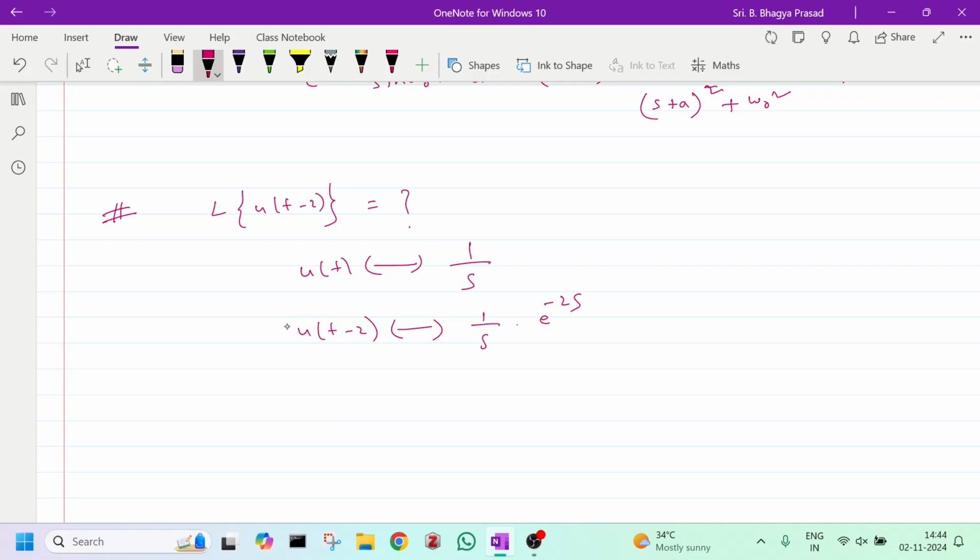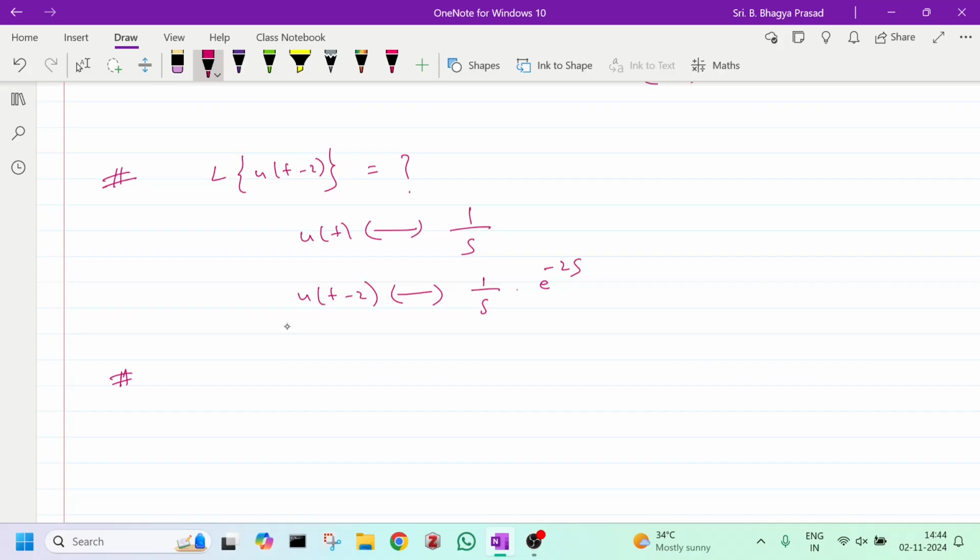So let me discuss another problem. If you want to apply a few more properties, you can go for the convolution or a combination of different properties. So let us see that. x of t is e power minus 2t, that is, u of t minus u of t minus 5.